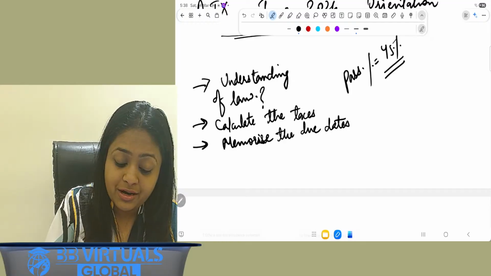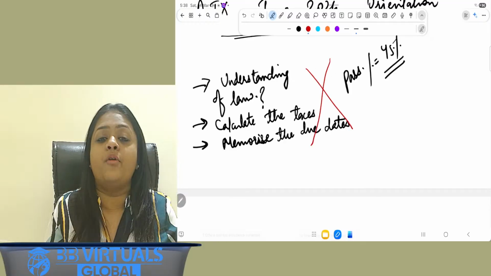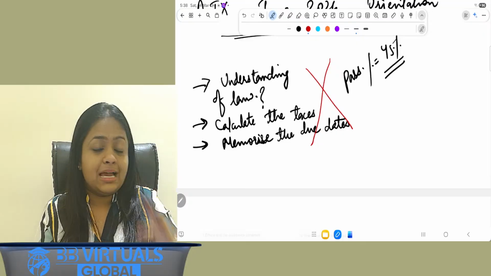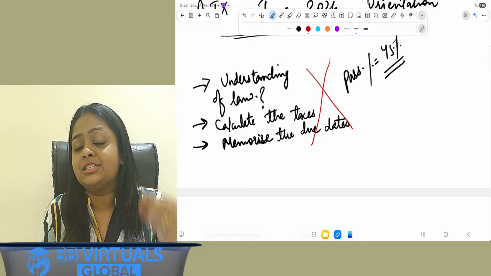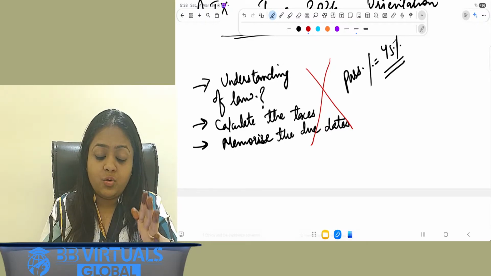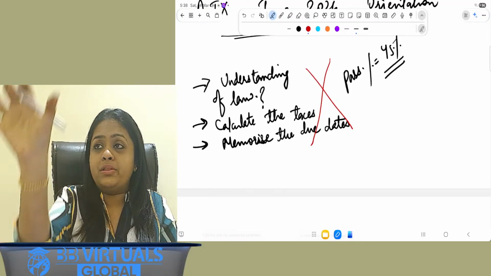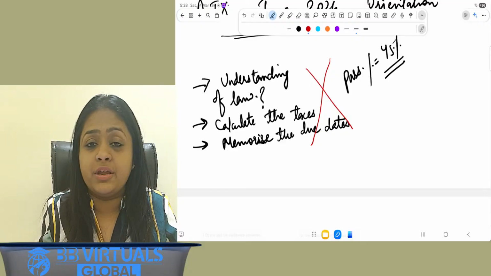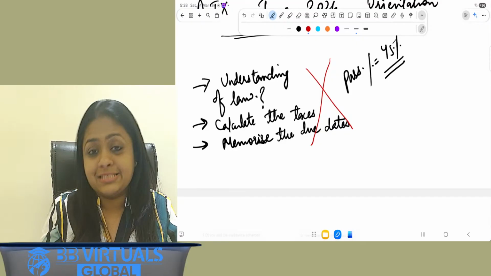My friends, your examiner is really not looking to test you on any of these things. The examiner is not looking to test whether you have understood the taxation laws to perfection. They are not going to ask whether the following are part of the capital gains definition or not, for example.